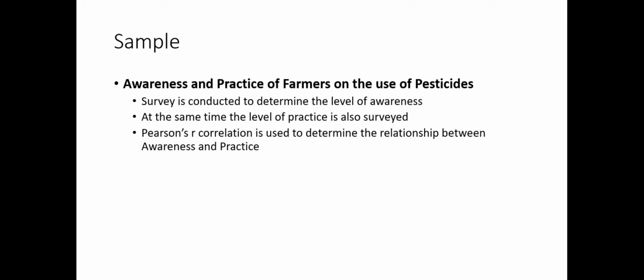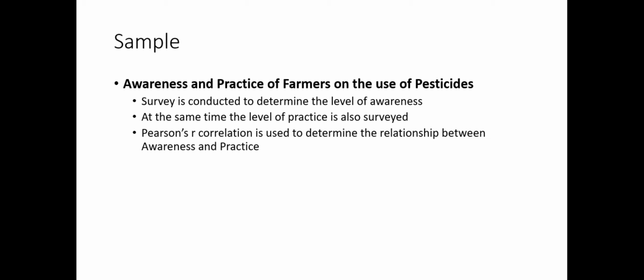A good example is this one: awareness and practice of farmers on the use of pesticides. As we can see here, we can determine the level of awareness and the level of practice of farmers. These two are separate descriptive researches.